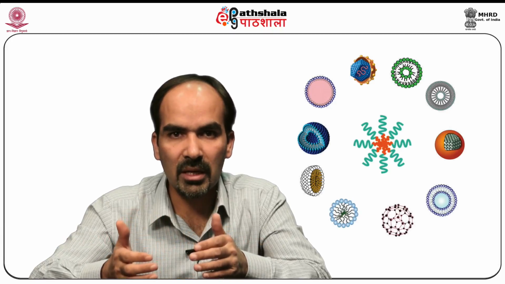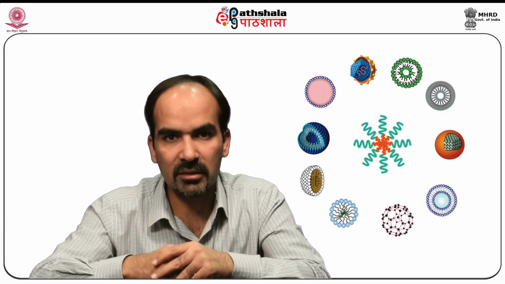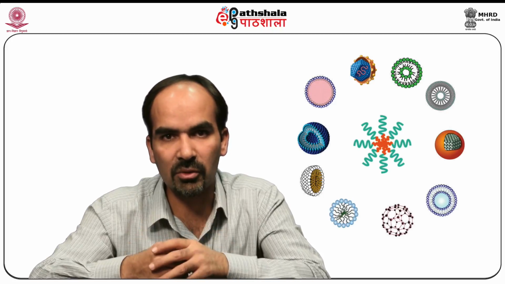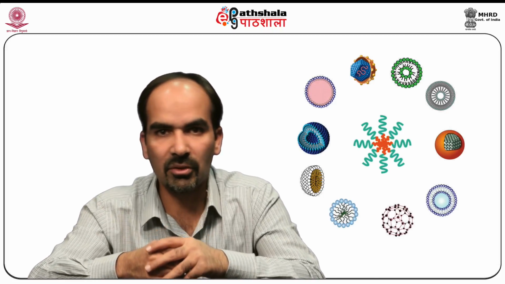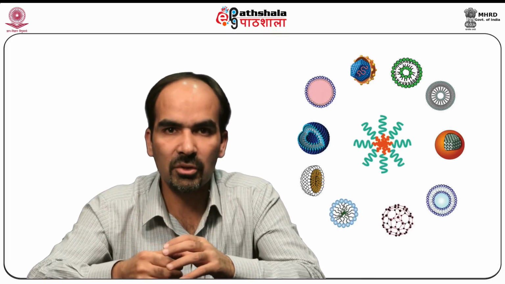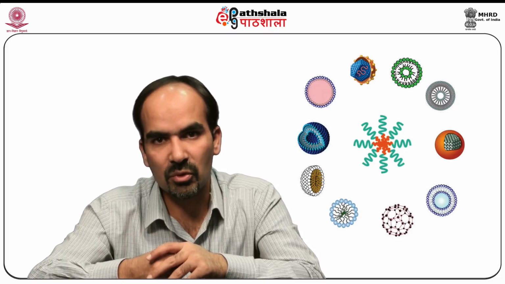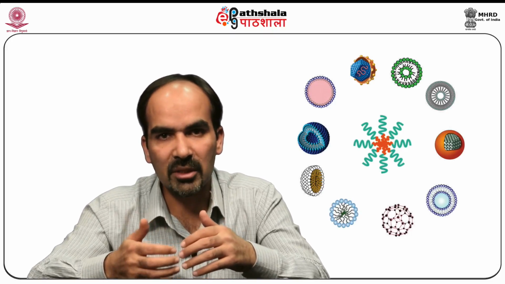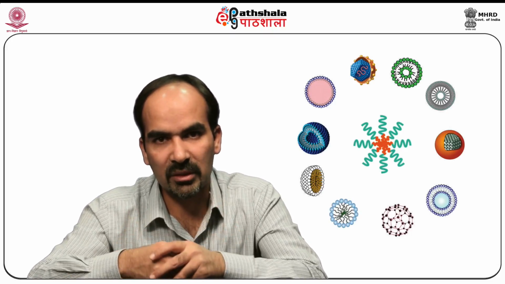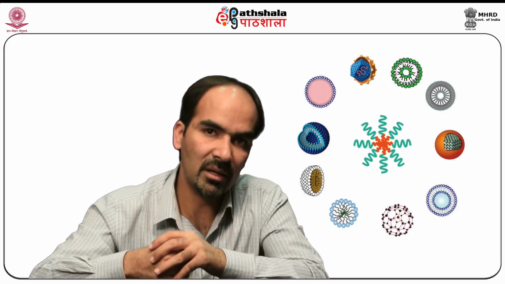So the inputs or the ingredients that are to be included in an herbal formulation or a drug are to be authenticated. So authentication has parameters related to its biological aspects. What do I mean by biological aspects?